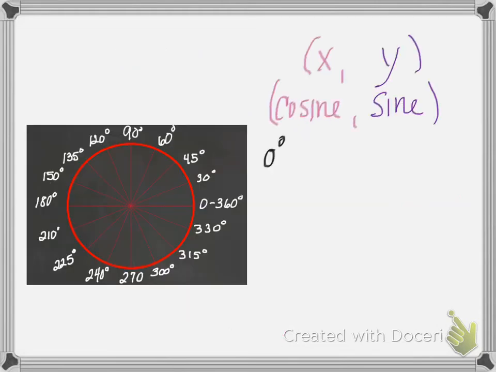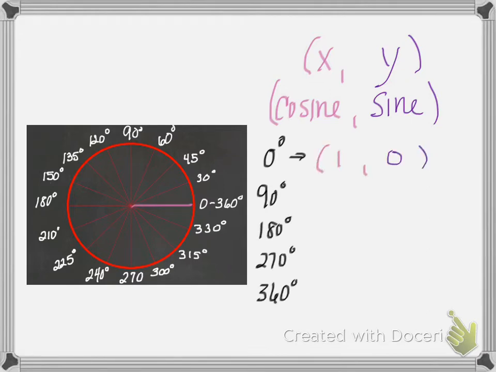So I'm going to go through that again, but relate them to cosine. So if I asked you for the cosine of 0 degrees, you would say that it is 1. The sine of 0 degrees is 0, because that would be the y portion of a coordinate. 90 degrees, well, what's the cosine? Since x is 0, that's the cosine, 0.